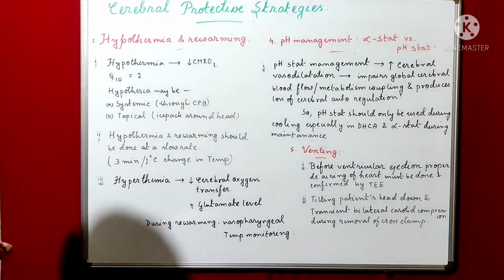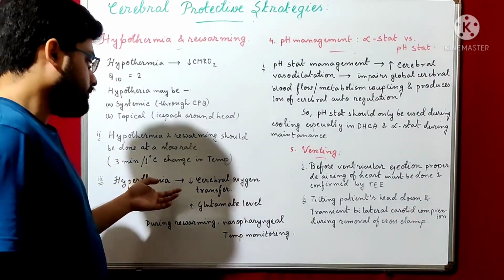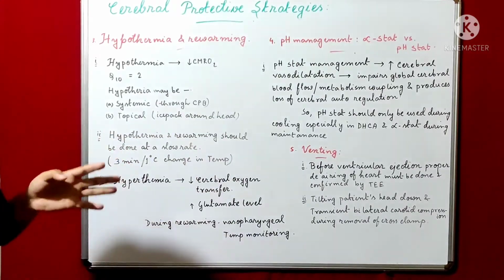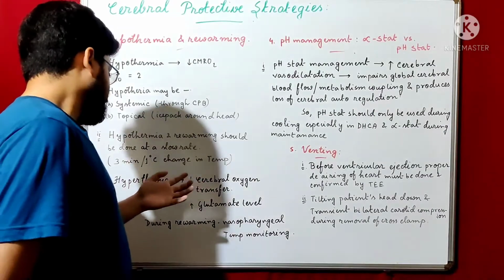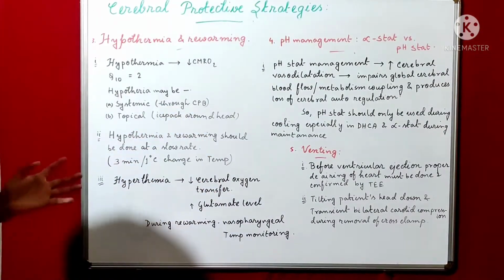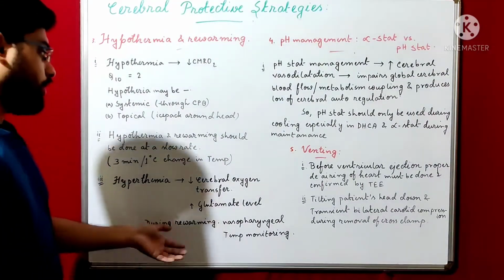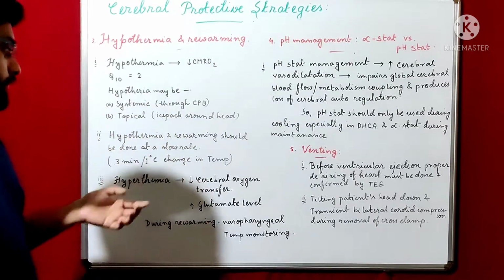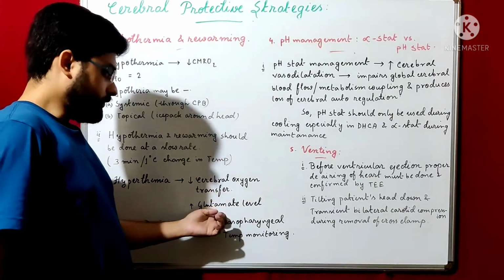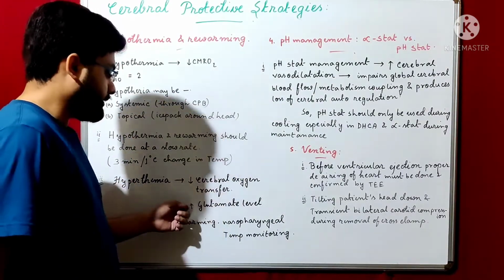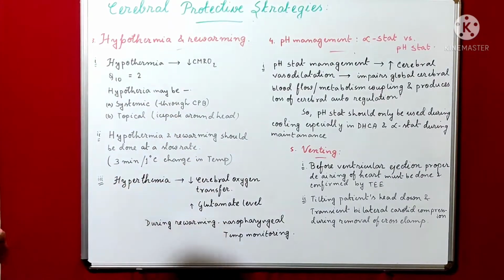So next is hyperthermia. What can hyperthermia cause? We have all gone through the oxygen dissociation curve. So we have seen there that with hyperthermia, the oxygen carrying capacity of blood, of RBC, is reduced. So cerebral oxygen delivery will be reduced, and again with hyperthermia glutamate level will be increased inside the brain, which will cause glutamate excitotoxicity.